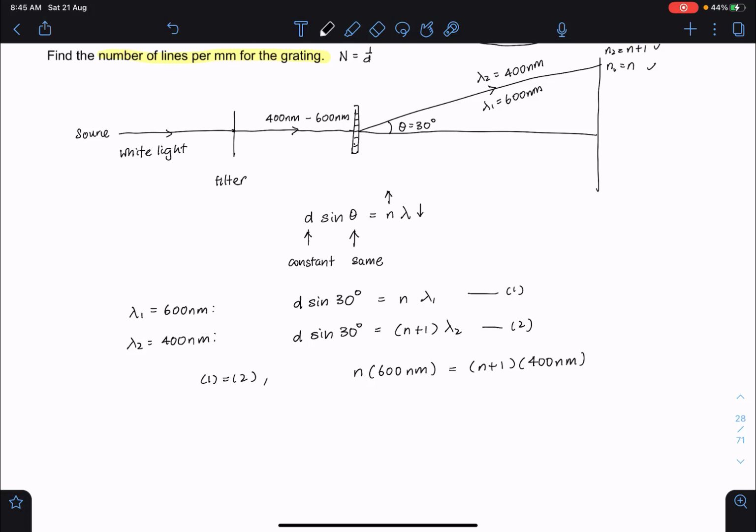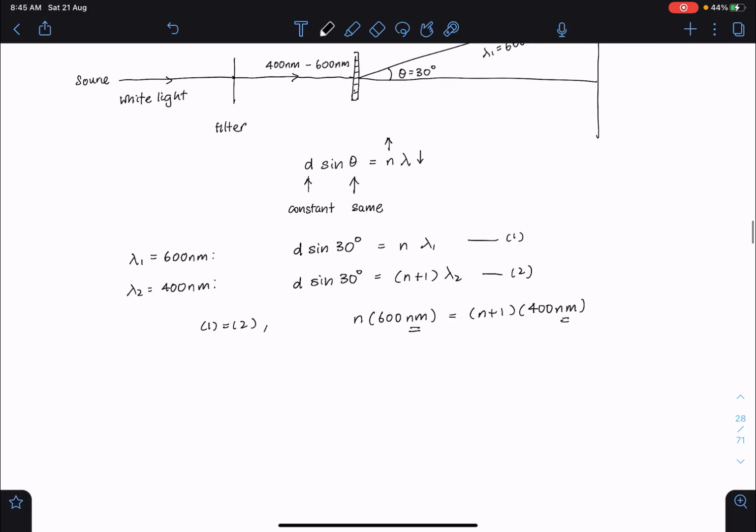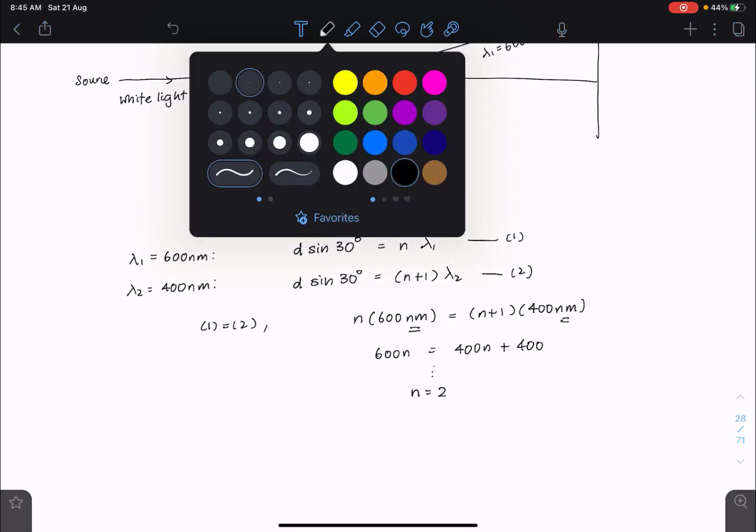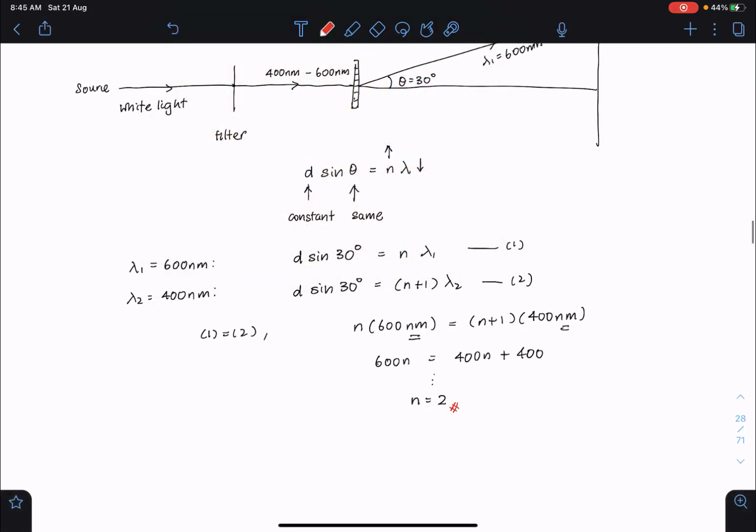Is there a need for me to convert the nanometers? Because there's nanometer on the left and nanometer on the right of the equation, I'm going to multiply by the same factor. So there is really no need for me to convert the wavelengths into meters. With that, we will have 600 n equals 400 n plus 400, and solving, we will get n equals 2. So that allows me to find the order n.